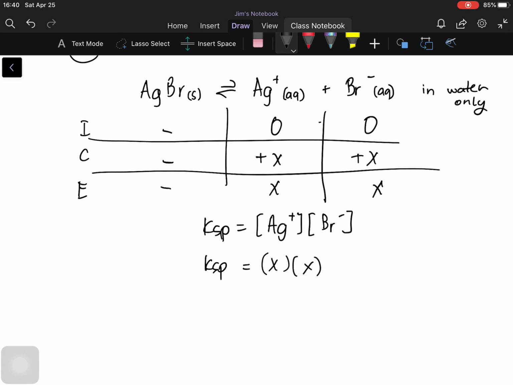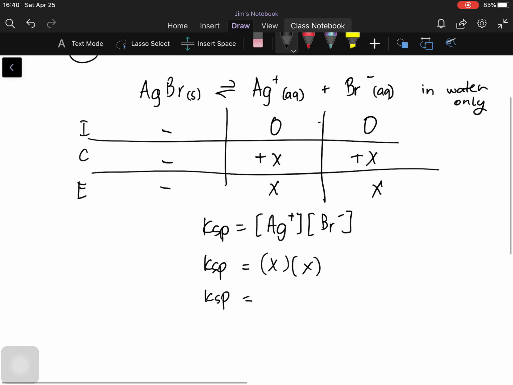To solve for the molar solubility, we're just going to solve for the value of x. Since our KSP equals x squared, x is just the square root of our KSP. Allow me to solve for that first.